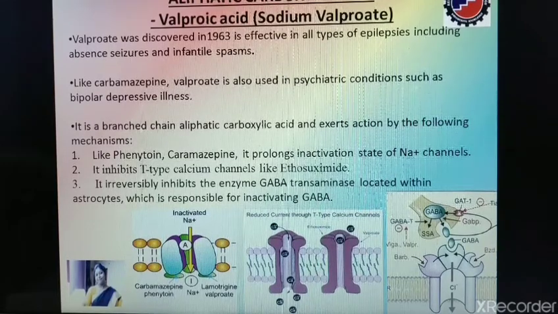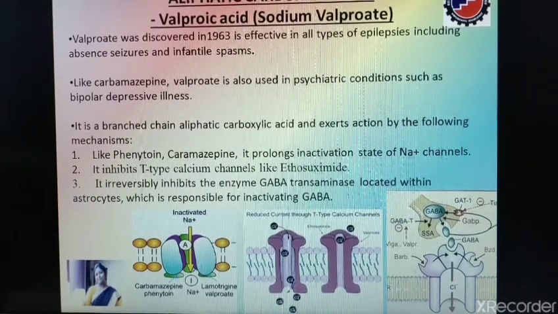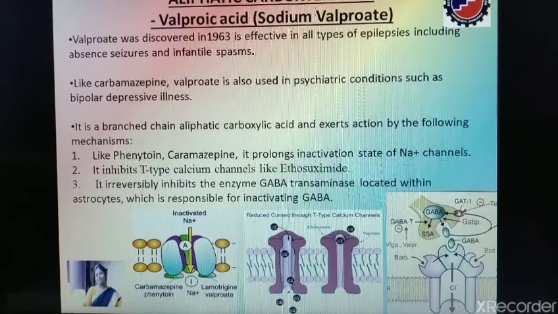Now, if we look into the structure, we will see that valproic acid is a branched chain aliphatic carboxylic acid and exerts its action by 3 different mechanisms.